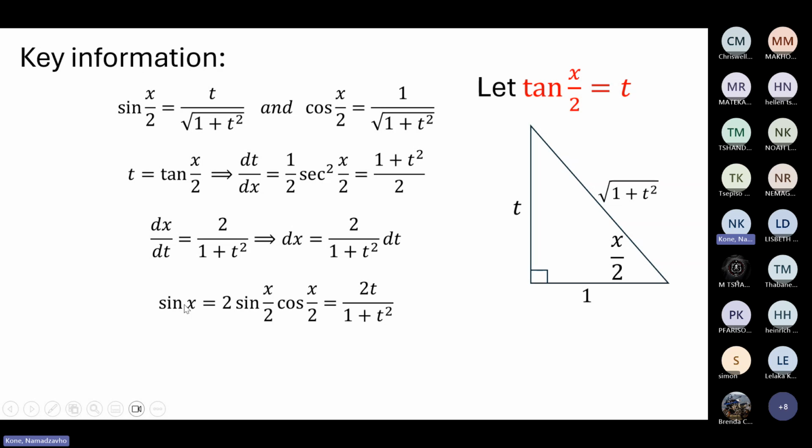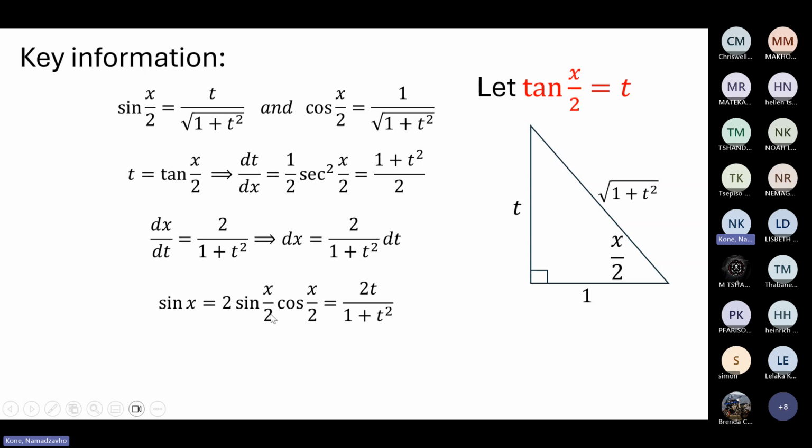Now, our sine of x, according to the compound rules, is 2 sine x over 2 cos x over 2. If you remember the compound rule for sine of 2a, it is 2 sine a cos a. But now our 2a is equal to x, which means the angles here are half of what we have on this side.